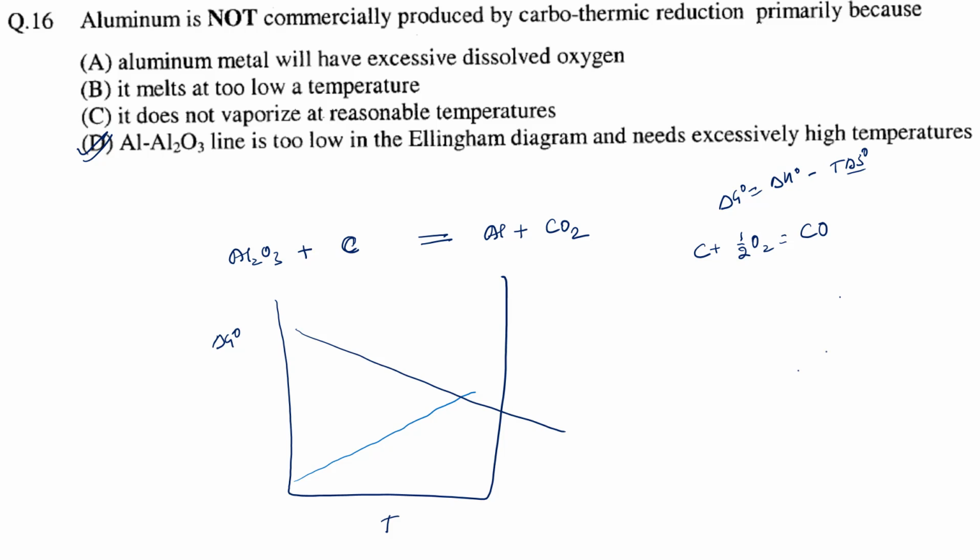This defines the temperature, because since the Al2O3 line is very low, this temperature goes very high. Once this temperature goes high, it becomes very difficult, because only above this temperature will this carbon act as a reducing agent.